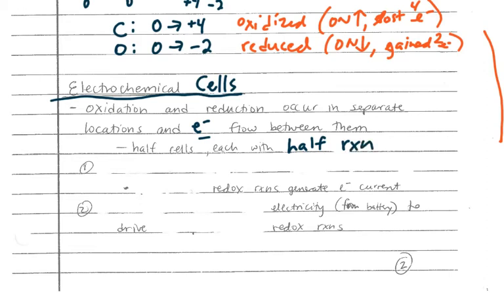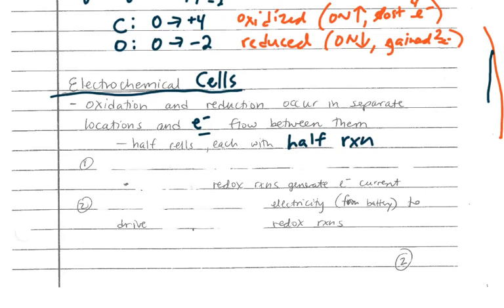All right, so there's two types of electrochemical cells. The first type are called galvanic or voltaic cells. These are the ones that generate electricity.